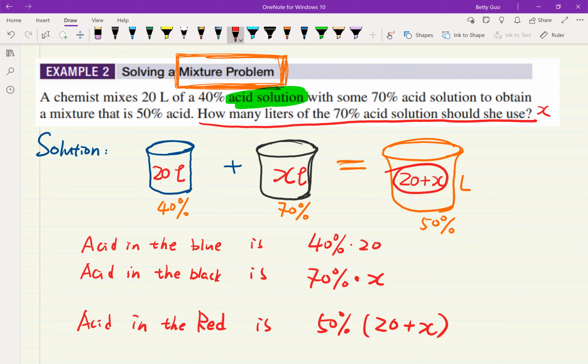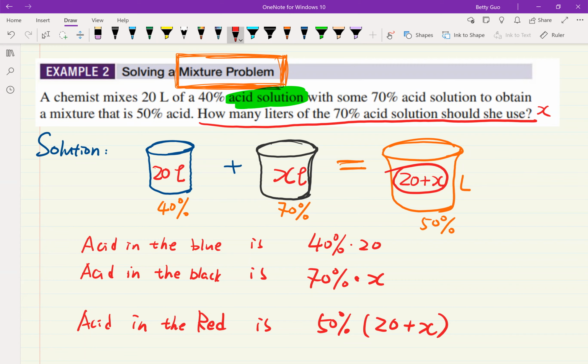You guys tell me what's the relationship or connection between this, and this, and that. This means how many liters of acid in this red jar, right? Where does the acid in the red jar come from? Does the acid in the red jar come from the acid in the blue and the acid in the black?